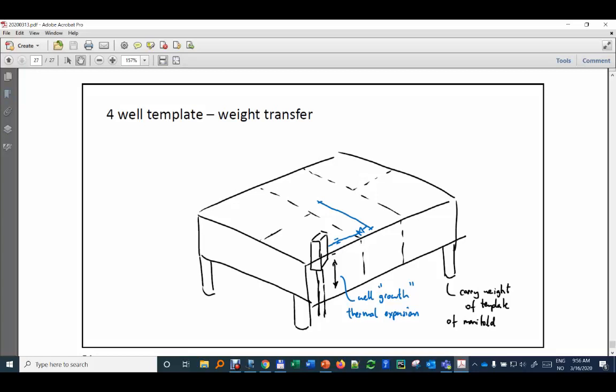In this case, the weight of the template is carried by these supports, which are usually the suction anchor. So the whole weight of the template and the manifold is carried by the soil.